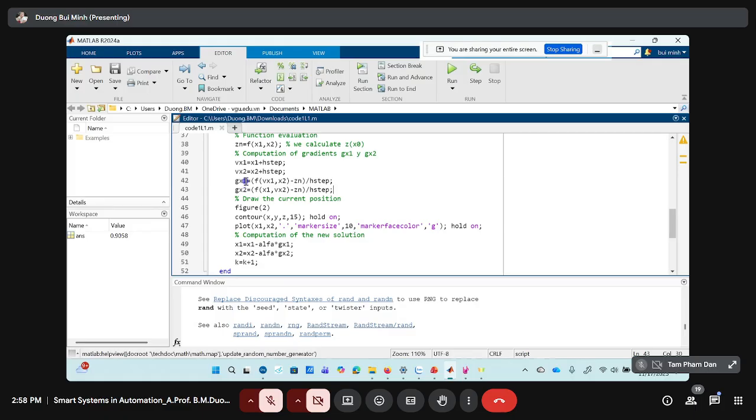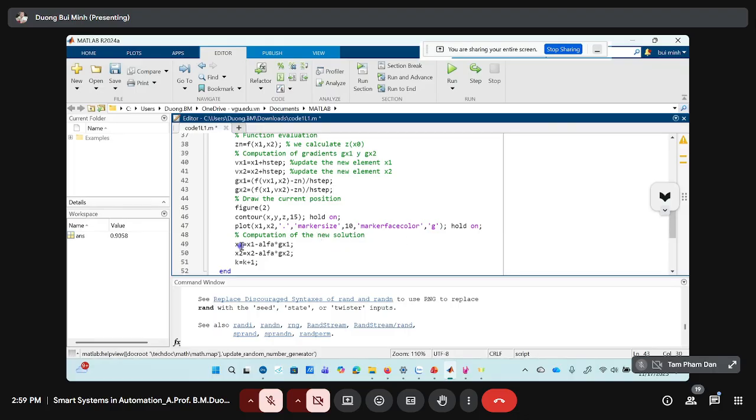After you get gx1, we need to update the new solution. This is the new element. We update the new element x1, we update the new element x2. But now we update the new solution.